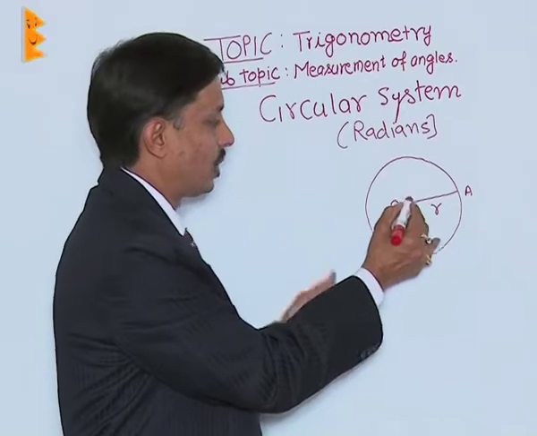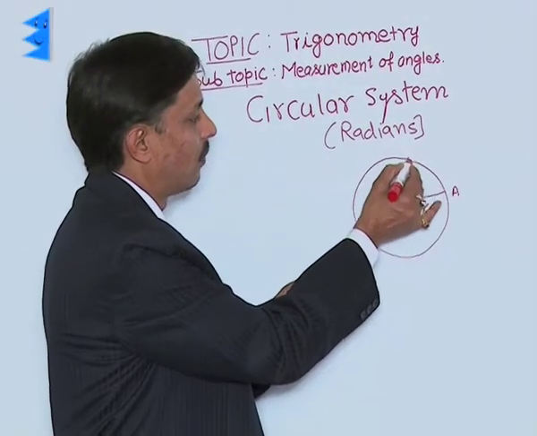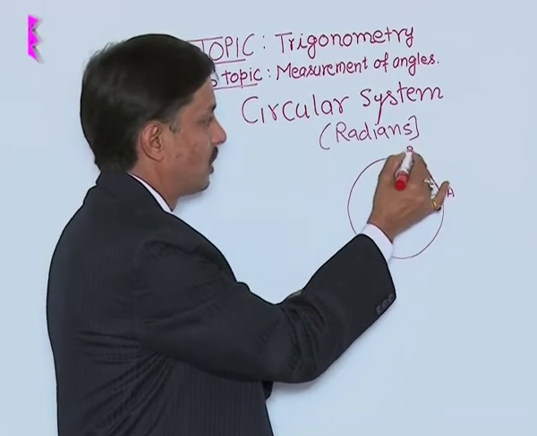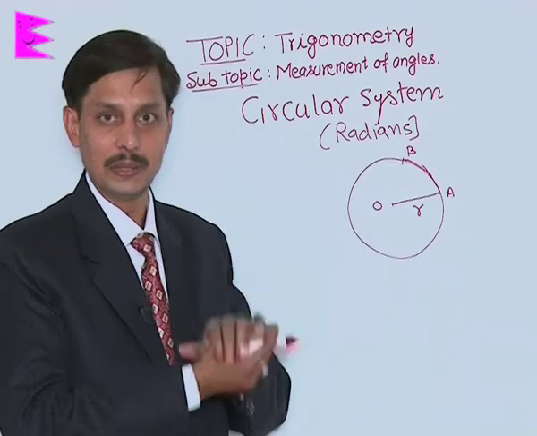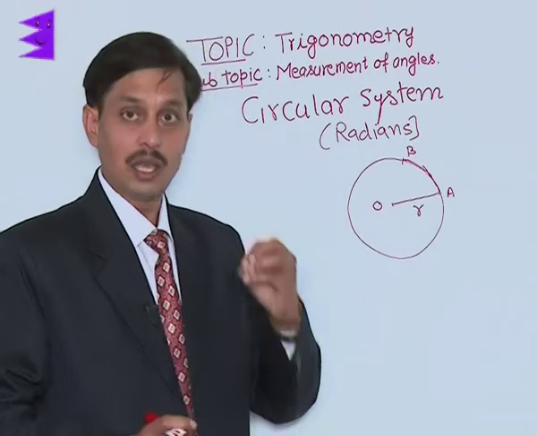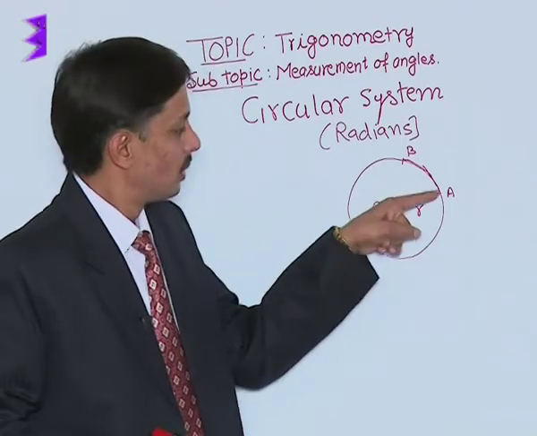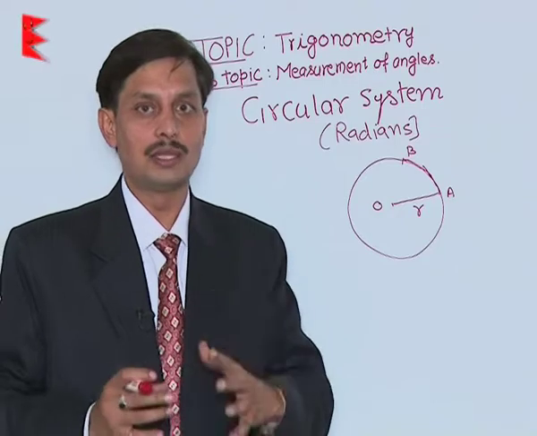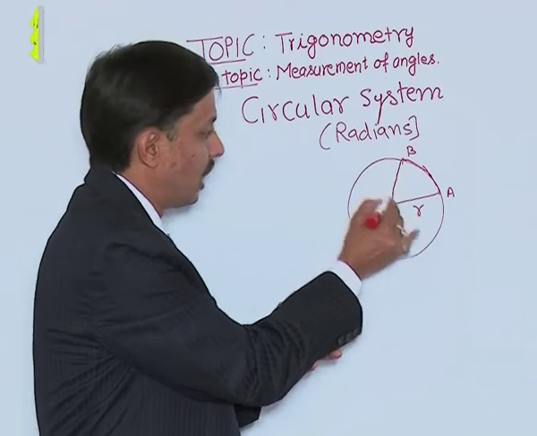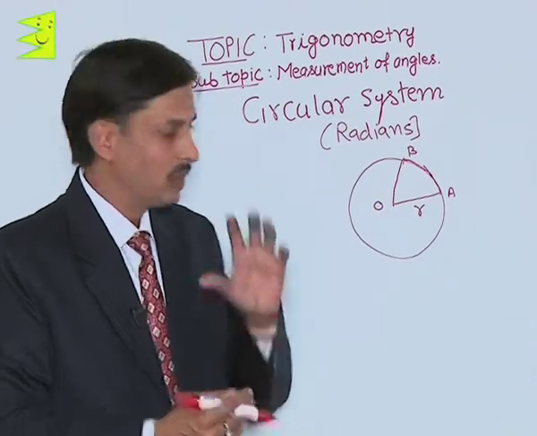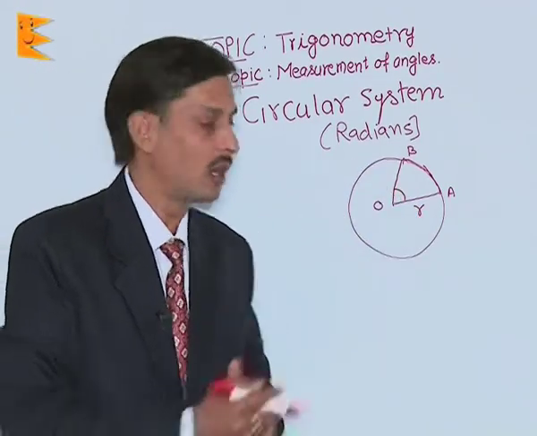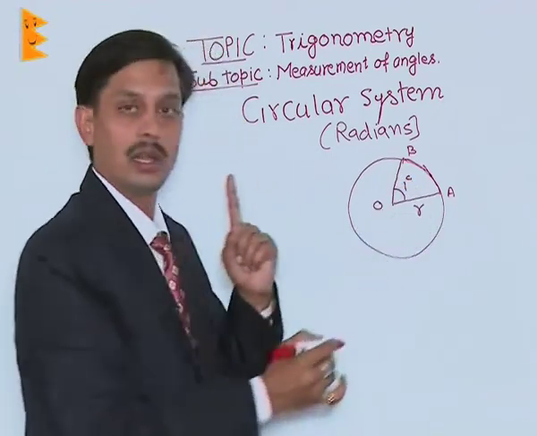If that thread is taken and pasted on the circumference, along this circular path, let us suppose it ends at a point B. In other words, if the length of the arc is the same as the length of the radius, and this end point is joined to the center of the circle, then whatever angle is made at the center of the circle is known as 1 radian.